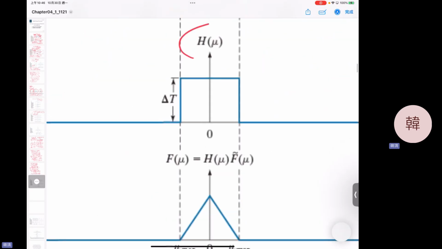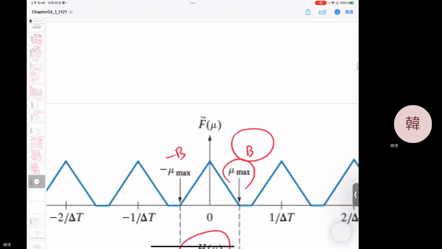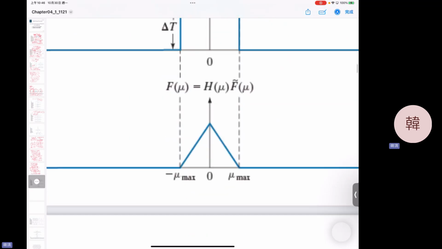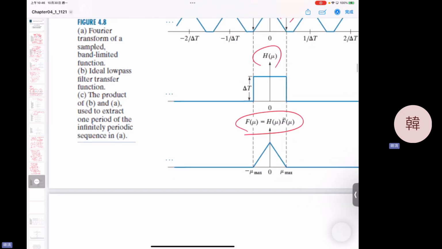You can design an ideal low-pass filter in the frequency domain according to your band-limited frequency. You know how to extract your signal in the frequency domain: just multiply by this, and you get this result. You can then inverse transform this signal back into your original signal immediately. So this is the idea: the product is used to extract one period of the infinite periodic sequence.